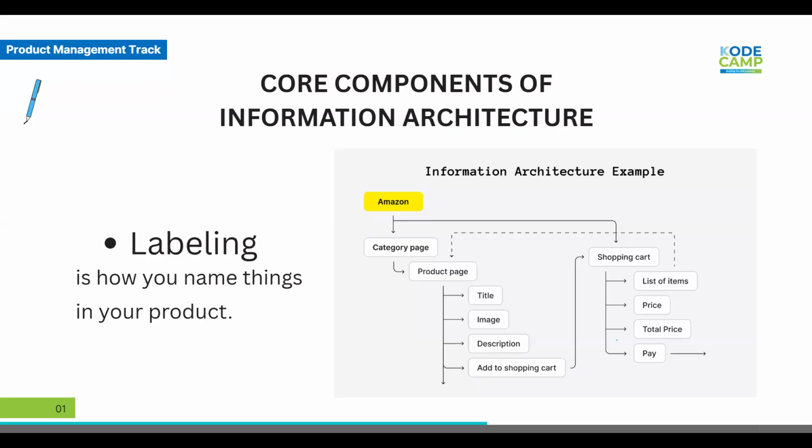Now let's go back to our money transfer example. We're going to be using that a lot. So let's say you've got sections like home, wallet, transactions, settings, and so on. Now imagine if you labeled wallet as, let's say, funds hub or cash core. Sounds creative, right? That's very creative if you're doing creative writing. Or maybe even clever. But that adds mental stress and loads of work to your user.